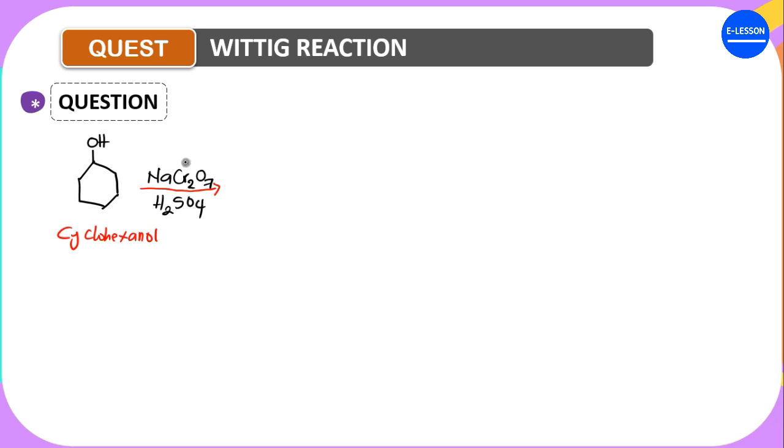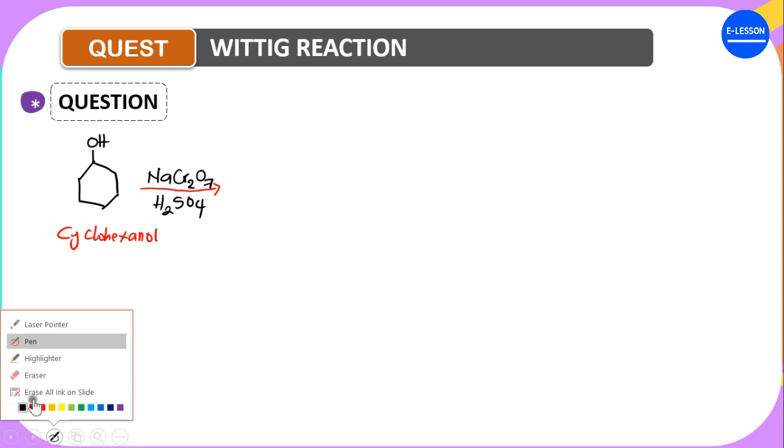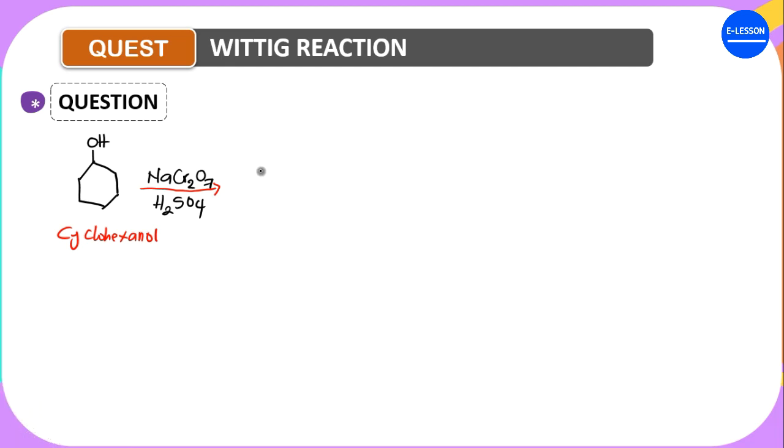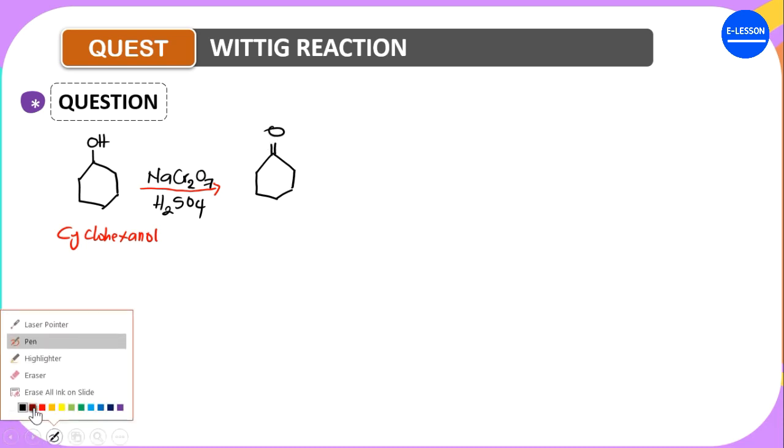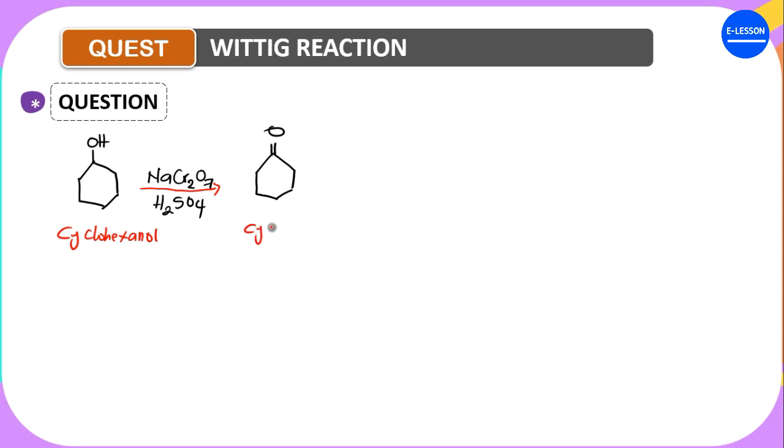When you react these with cyclohexanol, it is going to give you cyclohexanone. This one with the double bond oxygen is called cyclohexanone.